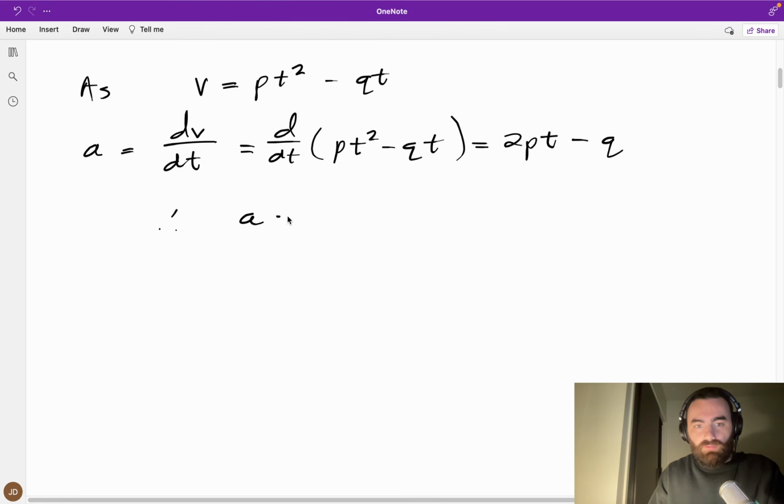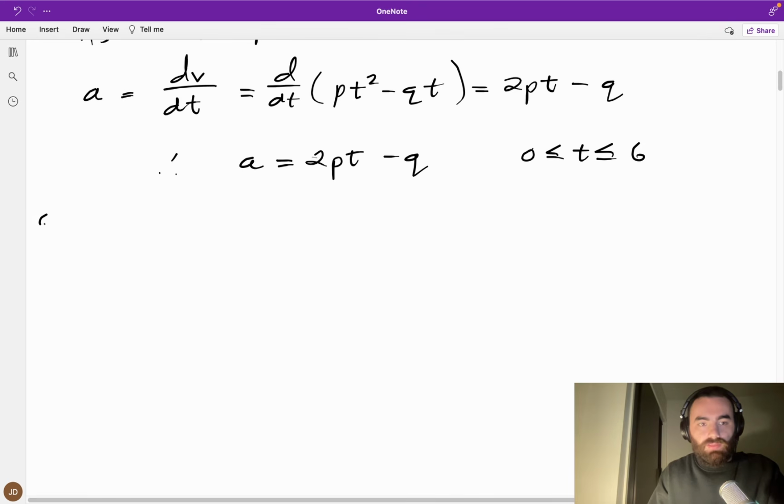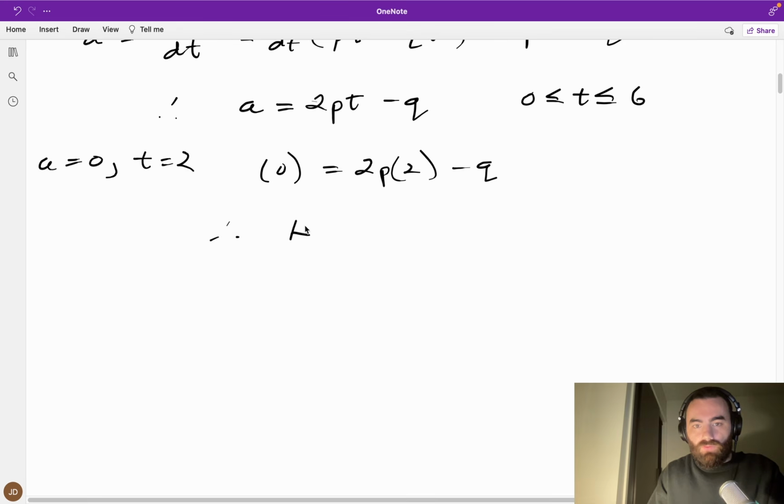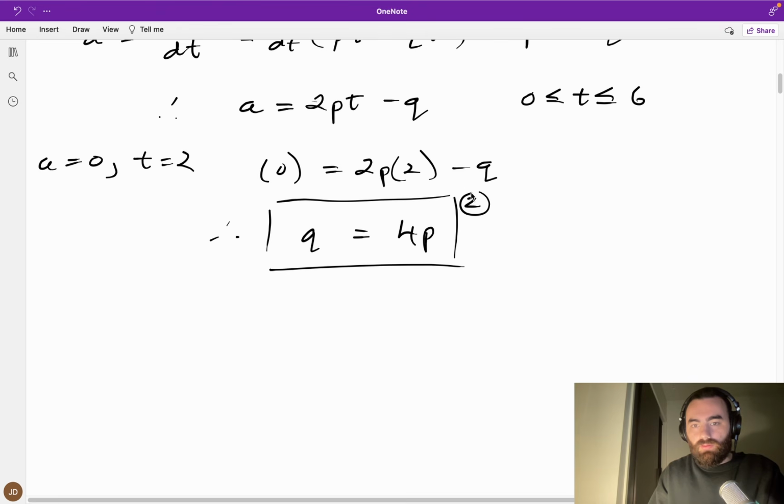So the acceleration of this particle between time 0 and 6 is 2pt minus q. And we know that the acceleration equals 0 when t equals 2. So we get 0 equals 2p times 2 minus q. So we get q equals 4p. That's a second equation relating q and p.